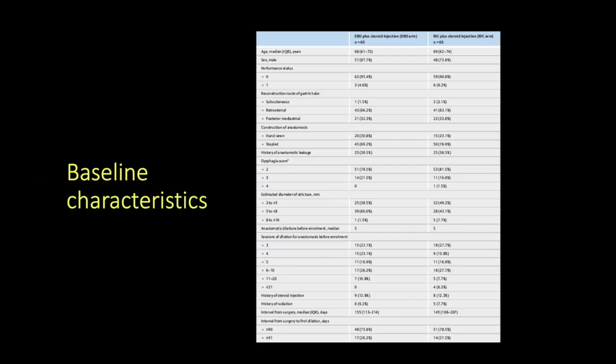65 patients were enrolled in the balloon dilation group, 65 patients in the radial incision and cutting group. In terms of the patient demographics, they were comparable as you would expect in a randomized trial. The median age was 68 and 69 years for balloon dilation and radial incision and cutting groups, respectively.